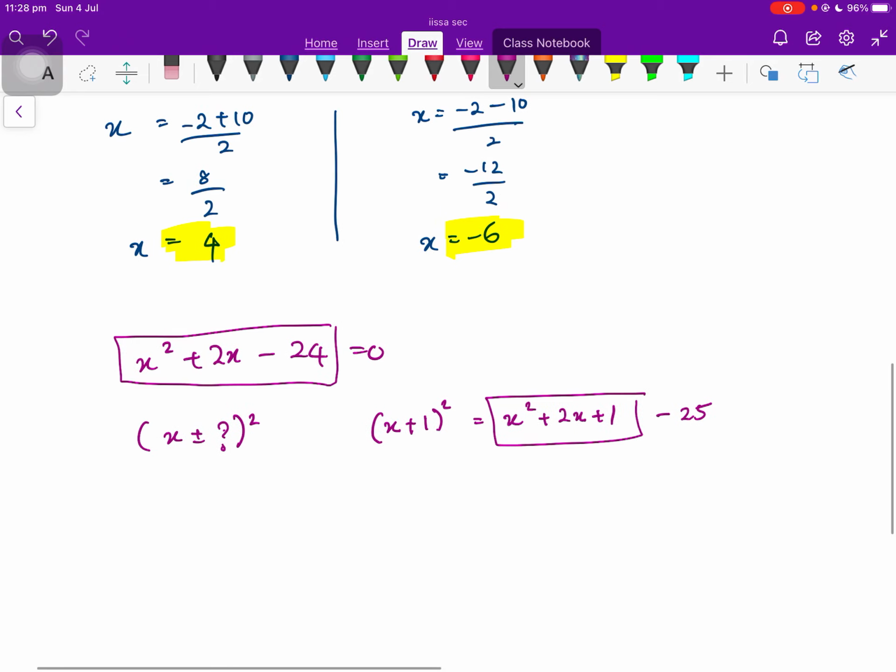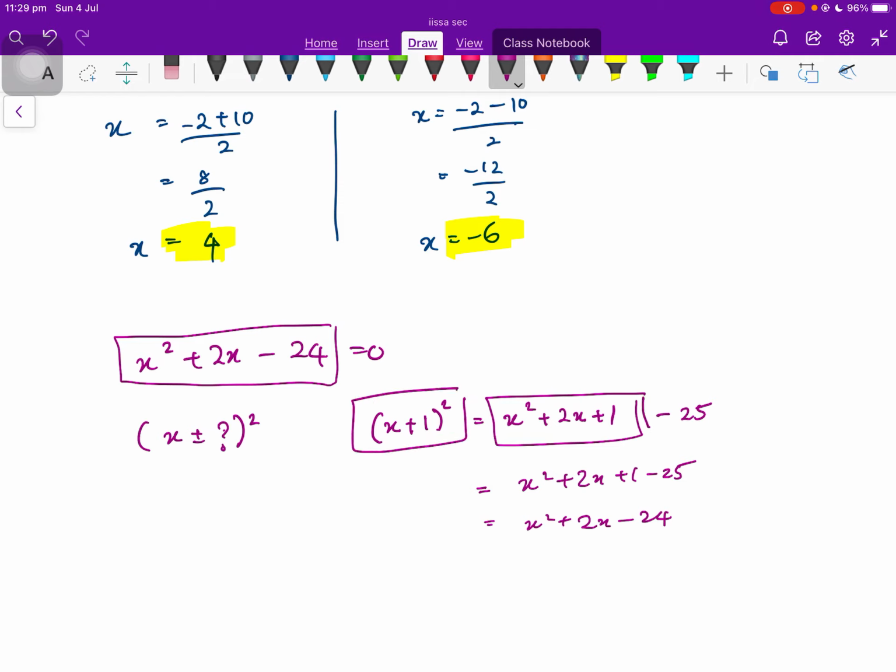Am I correct? Yes. So if we do this, x squared plus 2x plus 1 minus 25 is going to be x squared plus 2x minus 24. So we can just write x plus 1 squared minus 25 for this particular equation.